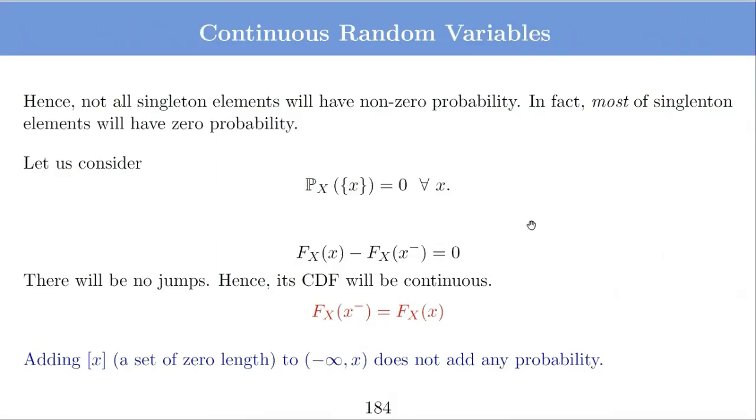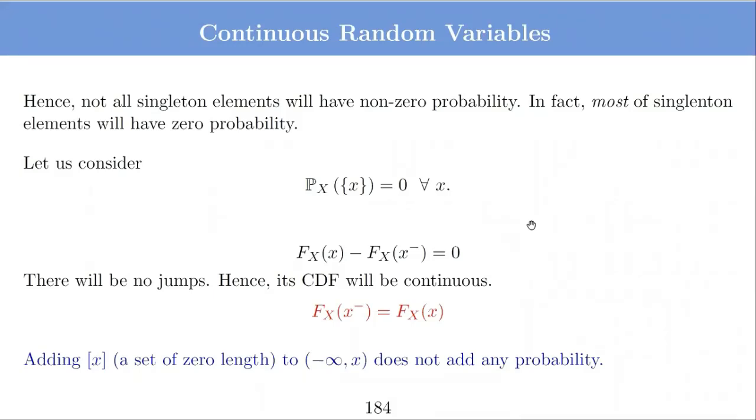So of course, not all singleton elements can have non-zero probability. Some of them you can assign non-zero probability to, but you cannot assign it to all of them. Actually, you can assign some non-zero probability to a finite number or even a countable number of singleton elements, but there are an uncountable number of singleton elements.